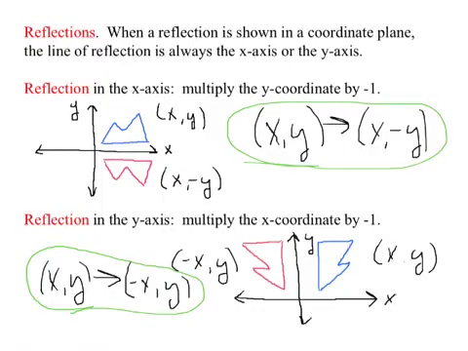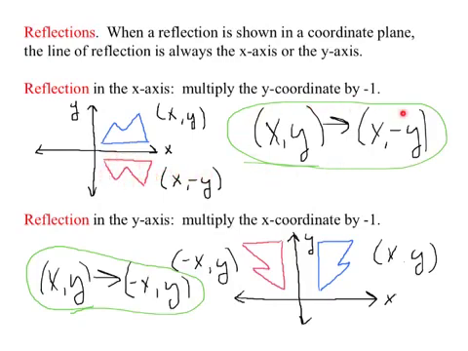Okay, reflections. When a reflection is shown in a coordinate plane, the line of reflection is always the x-axis or the y-axis. A reflection in the x-axis, we would multiply the y-coordinate of your ordered pair by -1. So if you look, I drew the blue one first, and all of the points are (x, y), and then I flip it over the x-axis, my red one is (x, -y).